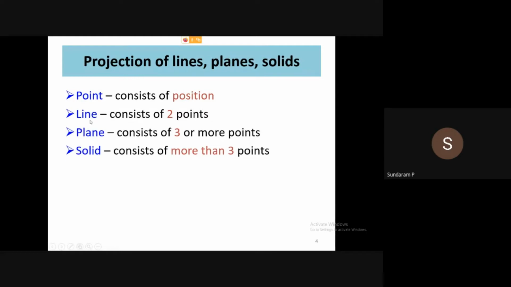The other projections, of line, plane and solids, we are going to discuss in first angle projection method. As per Indian standard, and UK, India-based Gulf countries, other UK-based countries, especially we are following first angle projection method in all engineering drawing. So all projections we are going to discuss in first angle projection method, except the projection of point.